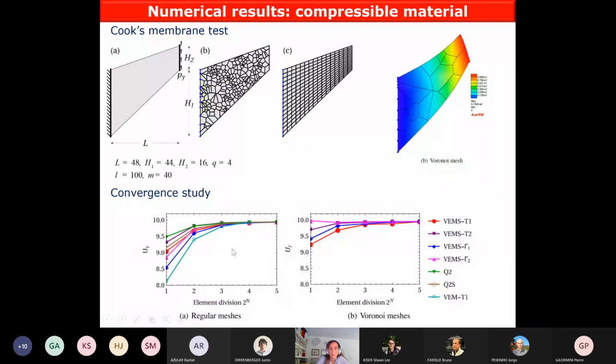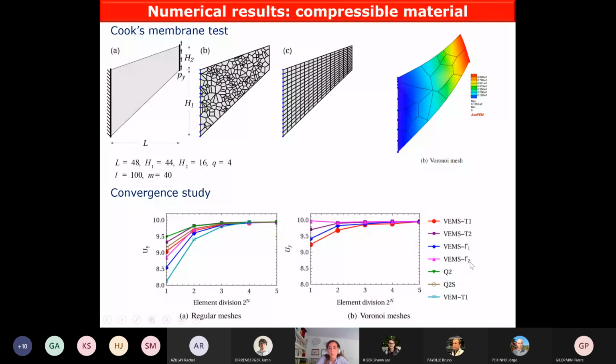We here, for regular meshes, compare the performance of 8 nodes serendipity virtual elements using the 4 different stabilization schemes, so with T1 triangles, T2 triangles, and bilinear form with gamma 1 or gamma 2 stabilization parameters.